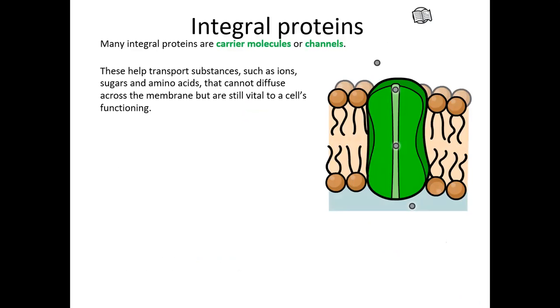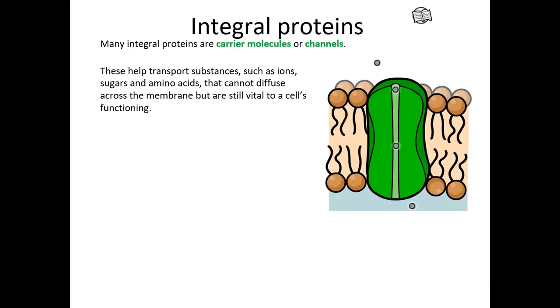So some molecules can literally just diffuse through the membrane. So things like oxygen can just diffuse straight through the phospholipid bilayer of the membrane, through these gaps. Ions, sugars, amino acids.